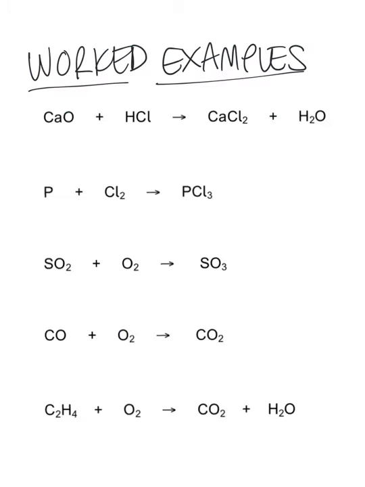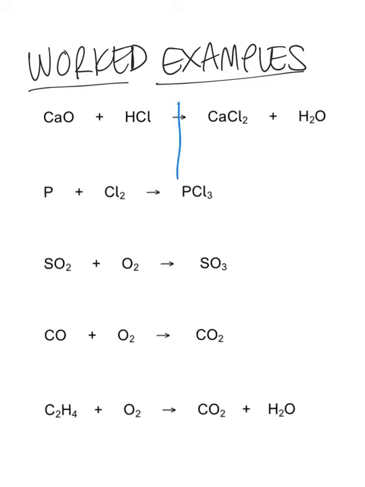Now the next thing we're going to do is go through worked examples. I've got a whole host of them here and I'm going to go through and answer them as if I was doing them almost in a test. The first thing I recommend is that you split your equation in half at the arrow.